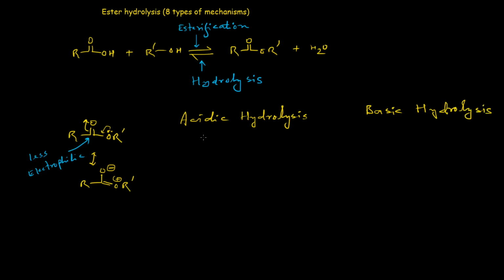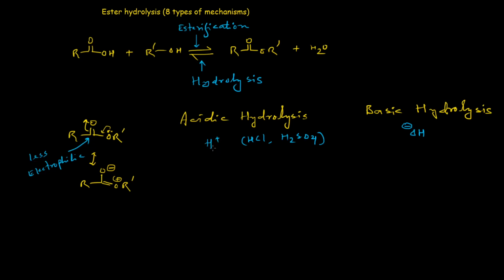So in acidic hydrolysis, the catalyst is the H plus of a mineral acid like HCl or H2SO4. And in basic hydrolysis, the base OH minus is the reagent which attacks the ester molecule and thereby converts it into the corresponding carboxylate anion and the alcohol molecule.